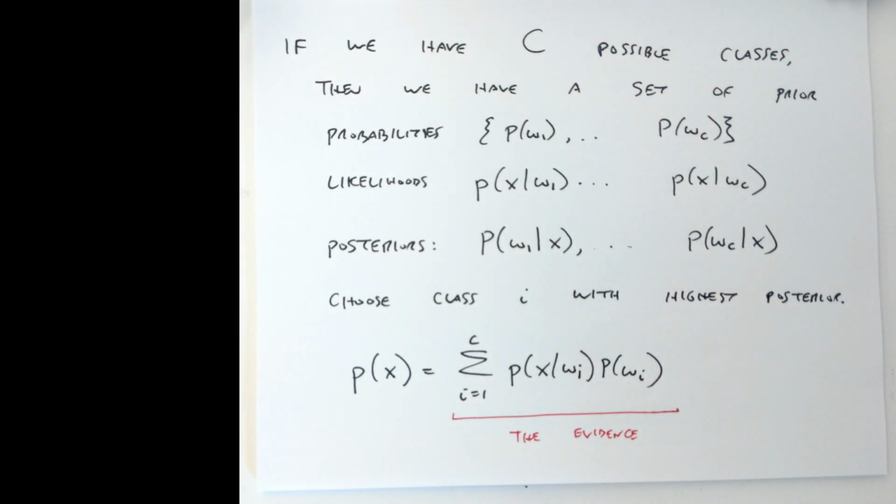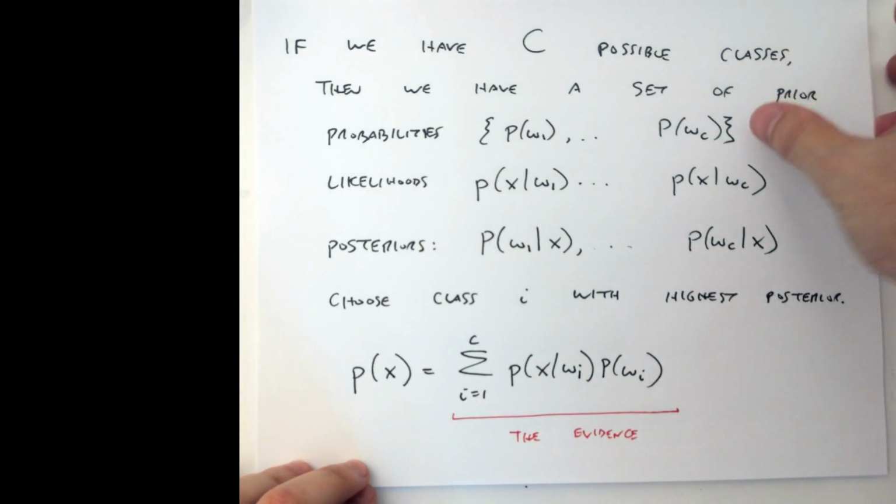Okay, so far so good. Now what I want to do is generalize this idea and talk about what a decision rule is more generally, because we're going to be talking about decision rules for classification in different ways for the next couple weeks.